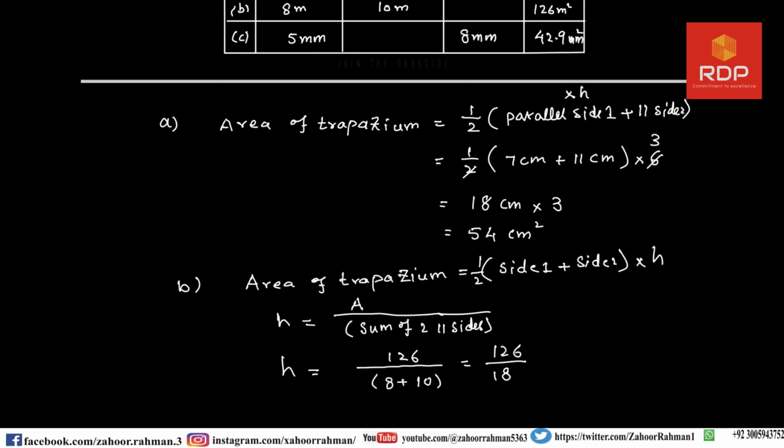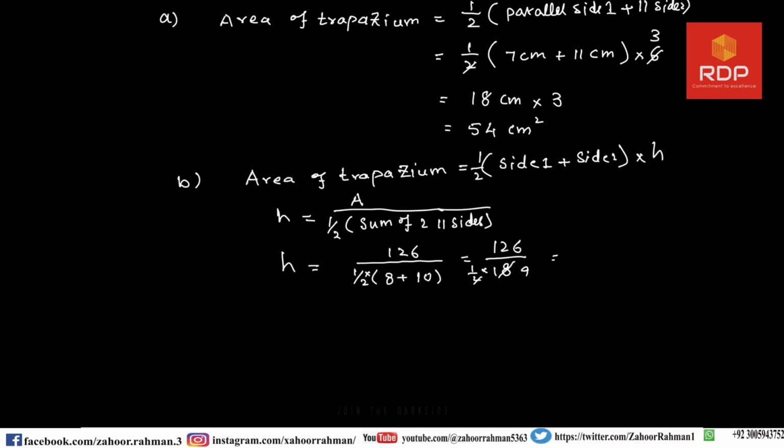So we write 1 over 2 here as well, and 1 over 2 here as well. So 9, and that will be equal to what? 126 divided by 9, which is equal to 14 meter. That is the answer of part number B.